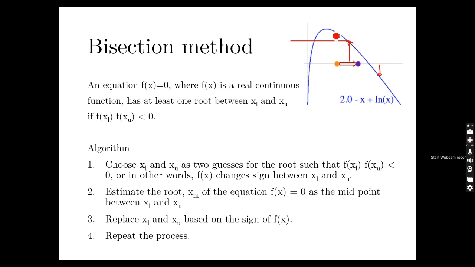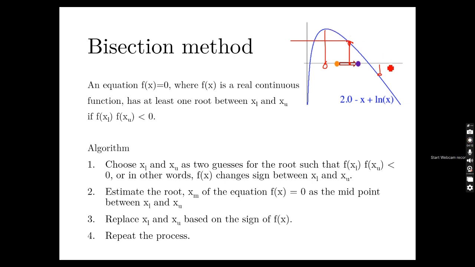On the other side, if I take 2 points which are on the same side, suppose I take one xu over here and xl over here, and evaluate the function at these 2 points, then since both function evaluations are on the same side of the x-axis, in this case above the x-axis, both f(xl) and f(xu) are positive, and the multiplication is positive.